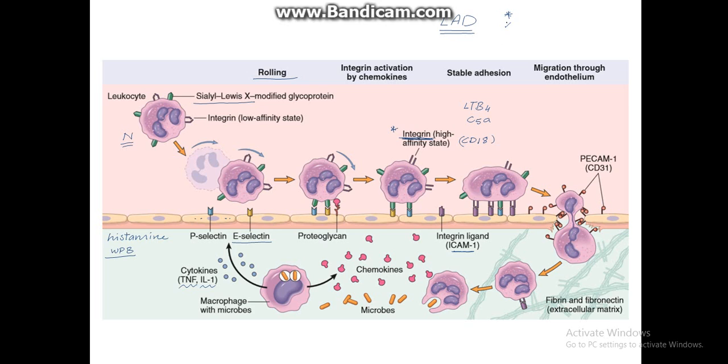We have an increase in the neutrophil count within the blood because they can't adhere to the blood vessel wall. And the most prominent sign in infants is delayed umbilical cord separation.